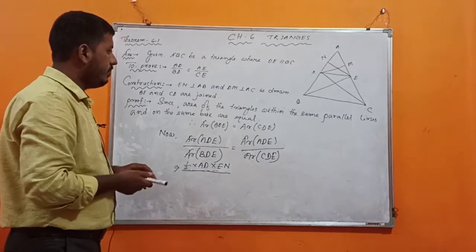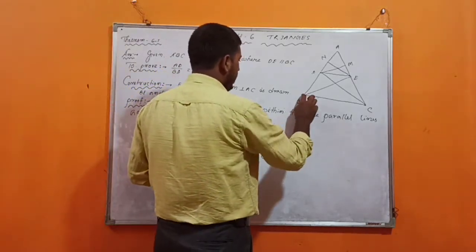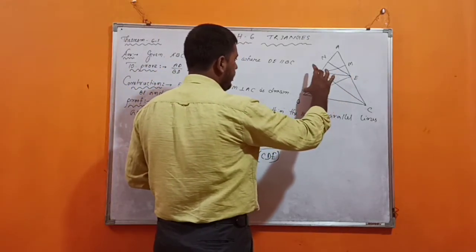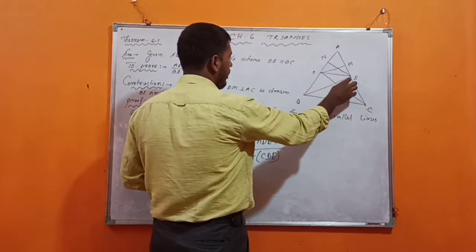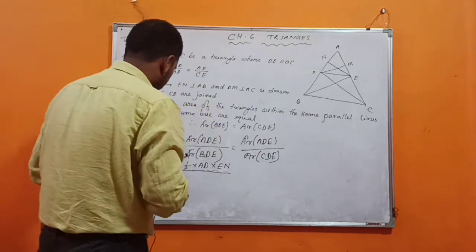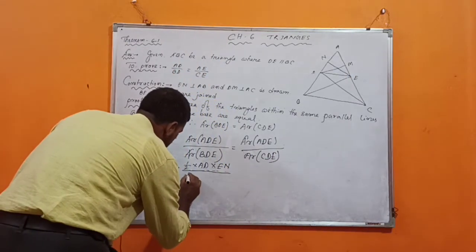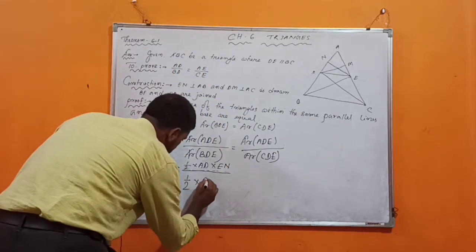And then area BDE: here the base is BD and the perpendicular will be EN.